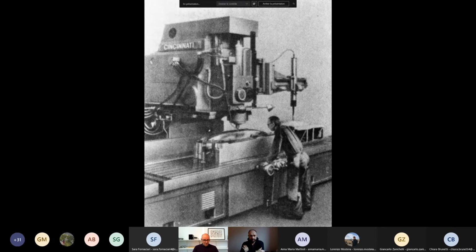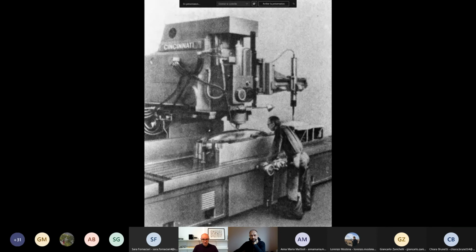If you know the recent history of architecture and industrial production, you obviously know that right after the Second World War, or more precisely, almost during the Second World War in the US, people started to develop what we call today CNC machines, so computer numerically controlled machines.